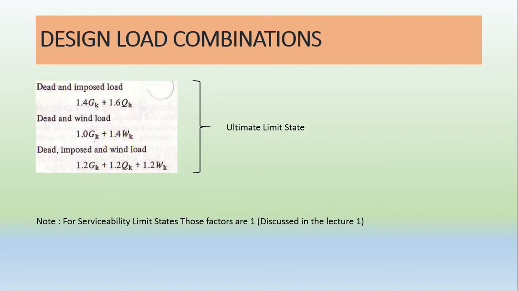When we are designing, we have to calculate dead and imposed loads separately. I will teach you in the next sessions how to calculate those loads. You just have to remember this theory. So we calculate dead loads, wind loads and imposed loads separately.